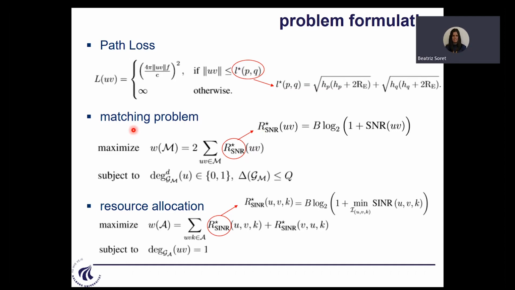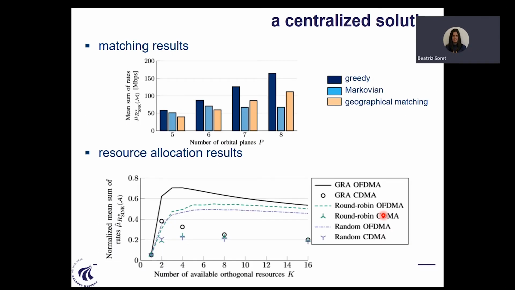And then we have the matching problem and the resource allocation. In the matching problem, we work with the S and R, so we don't have the interference because we still don't know which pairs we are going to pair. And then once we have it, in the resource allocation, we work with the interference. So we have the S, I, and R. But the details are, of course, not important here.